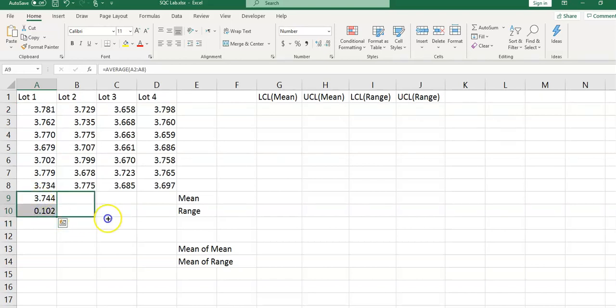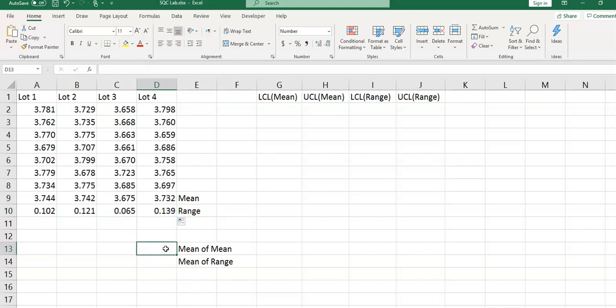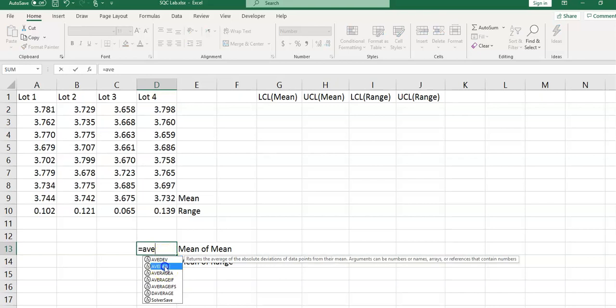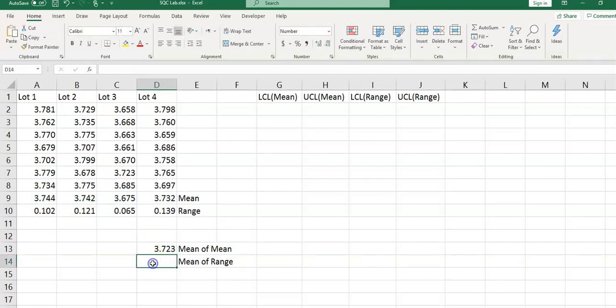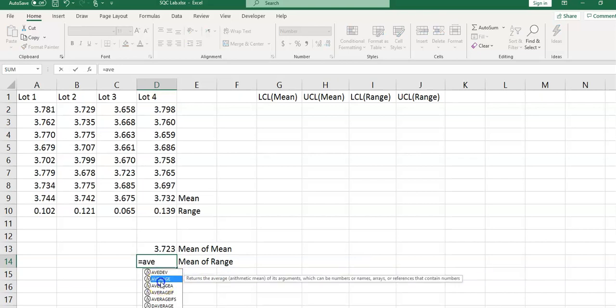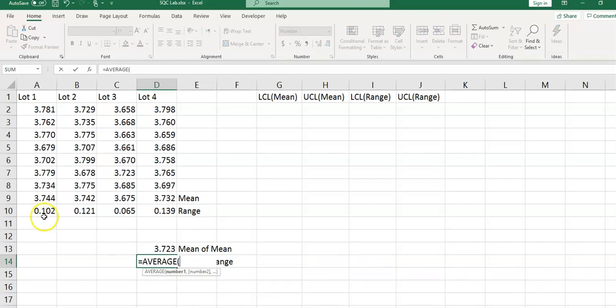Now if I drag this autofill handle, I would have this for the other columns. Now the mean of mean would be this, and the mean of range.